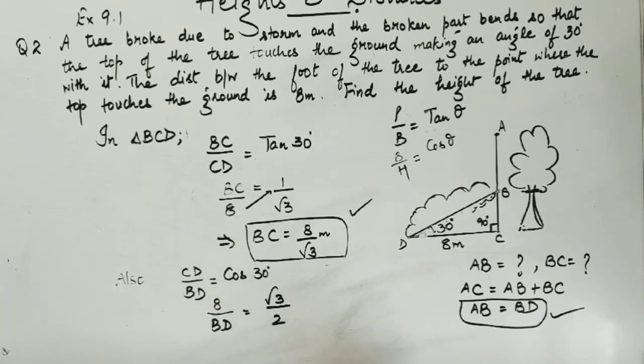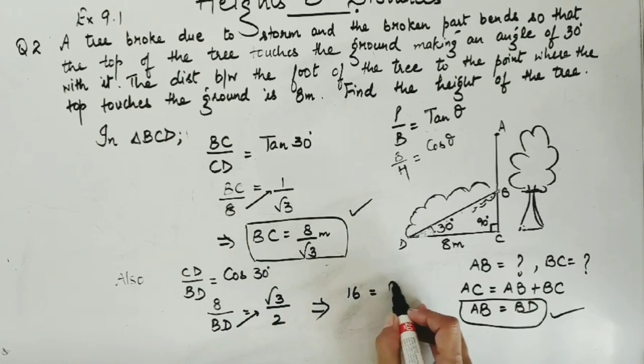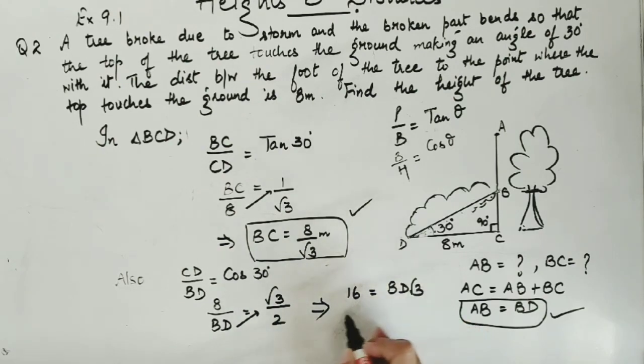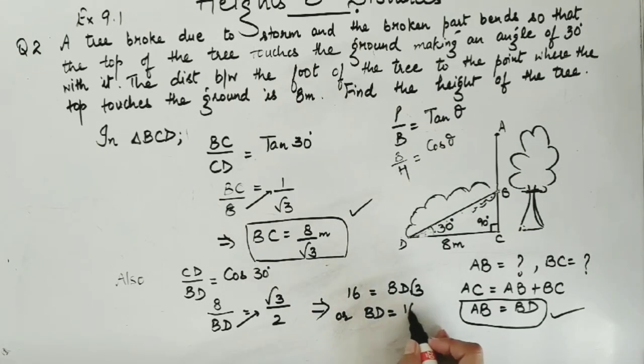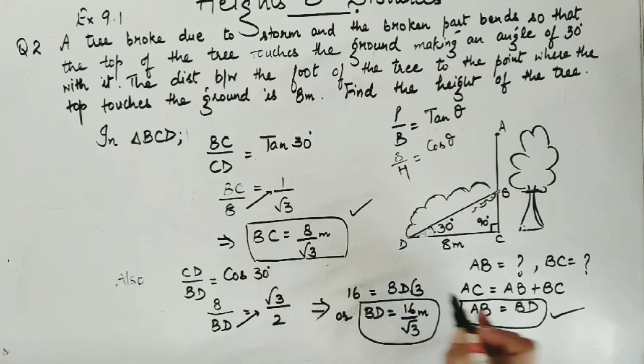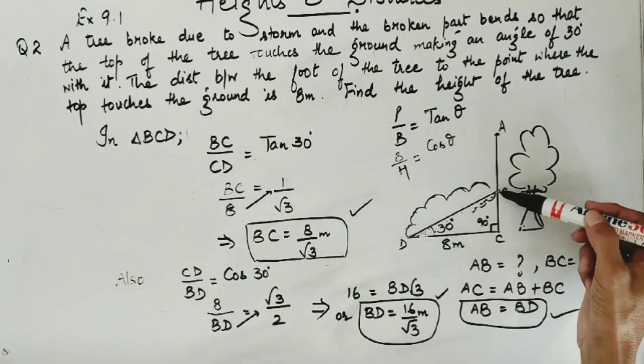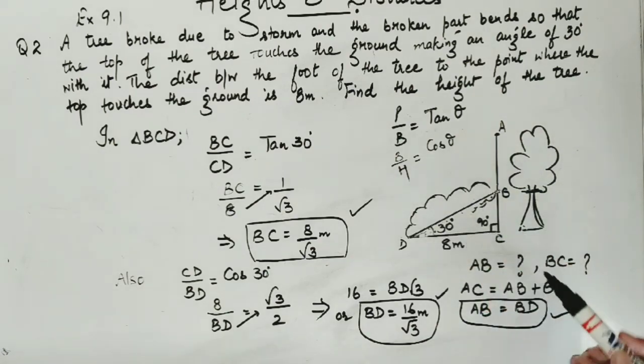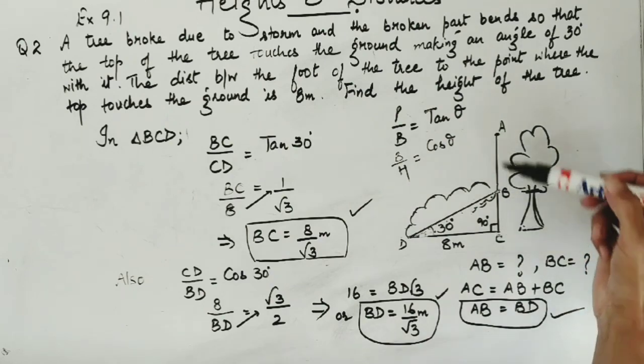So simplifying this, it becomes BD, this is 8 into 2, 16, this goes here, BD into root 3, or the length of BD becomes 16 upon root 3 meters. Okay, now BC is found, BD is found, add both to find the length of AC.